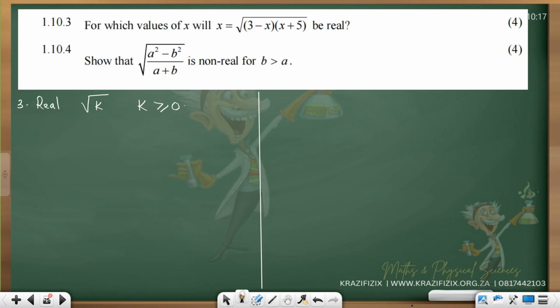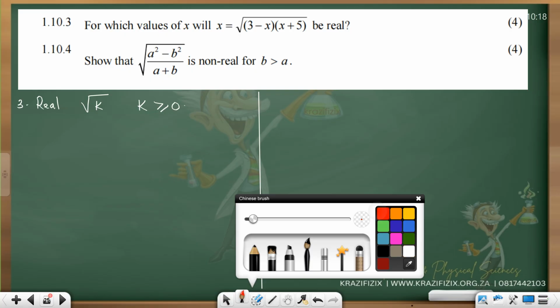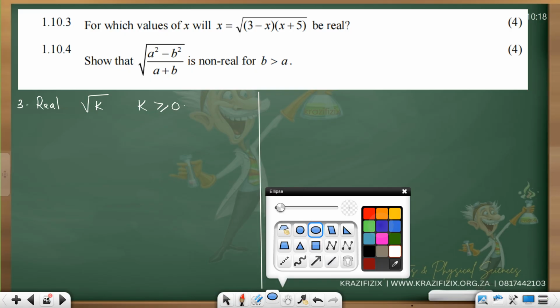So what do we do with this one? Now, because we have x on both sides of the equation, that is very tricky.